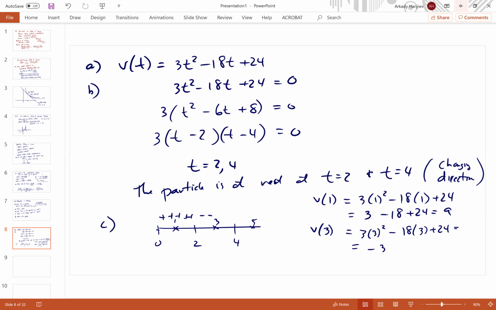Okay, so I just care about the sign. I know it's going to go to the left side. And V of 5, if you guys can punch that in. Plus 9, and that's all I care about there.